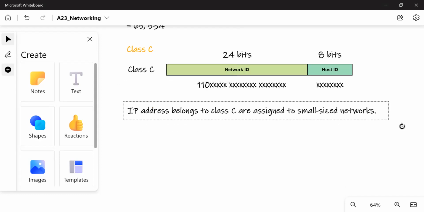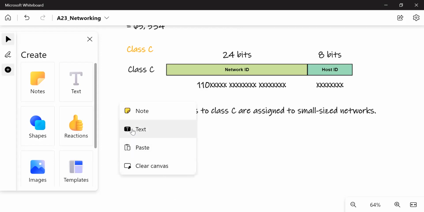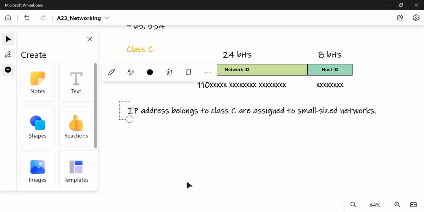Why do we call it small size? Because it uses only 8 bits for the host ID.